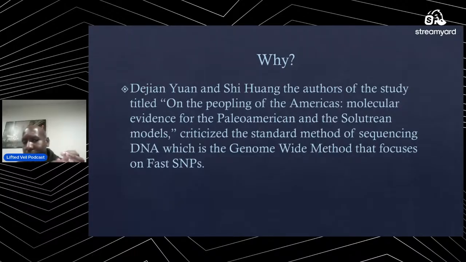The genome-wide method is what mainstream geneticists typically use. They criticized it basically because the genome-wide method is an averaging of fast SNPs across the genome. And I'm going to get into more detail as the slides progress.